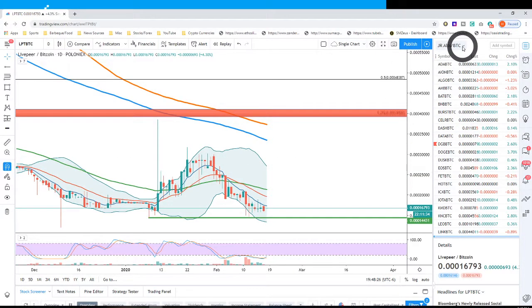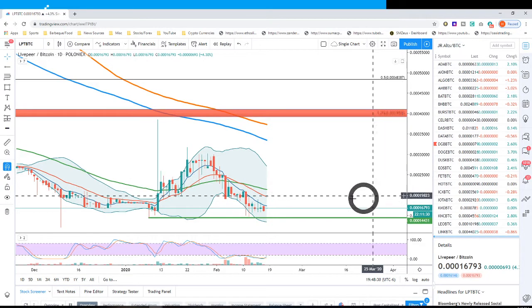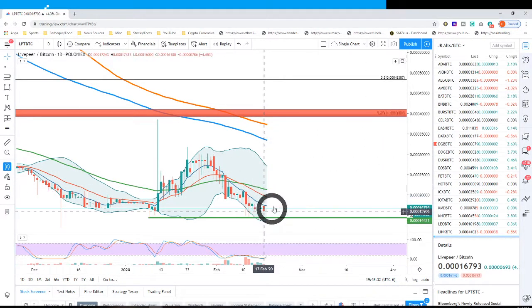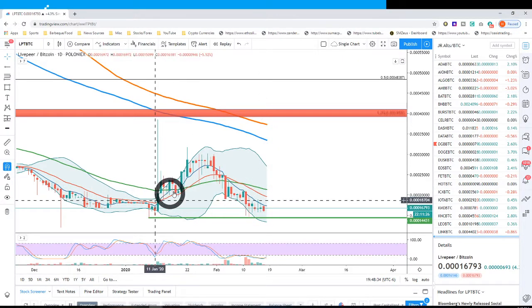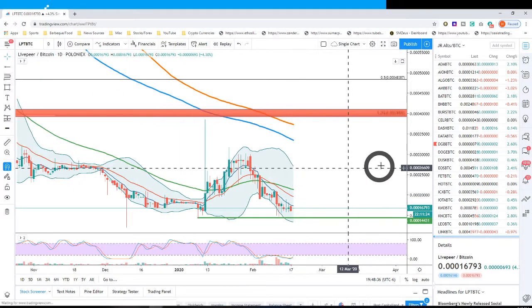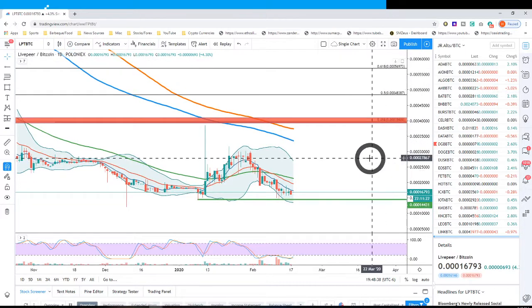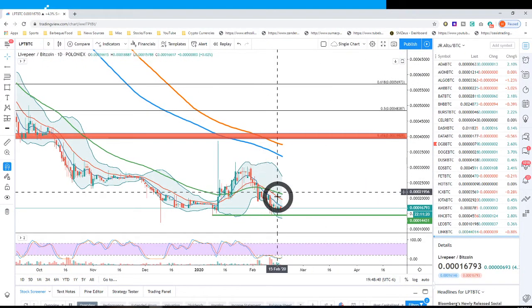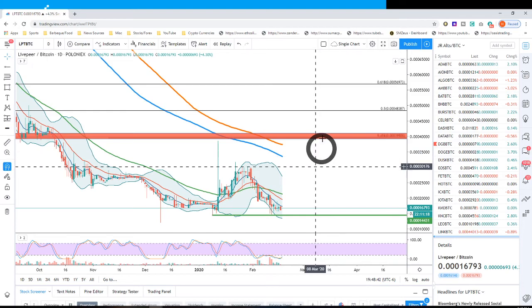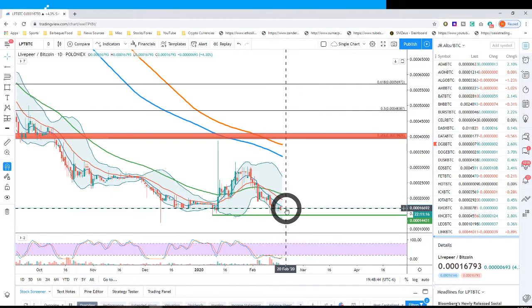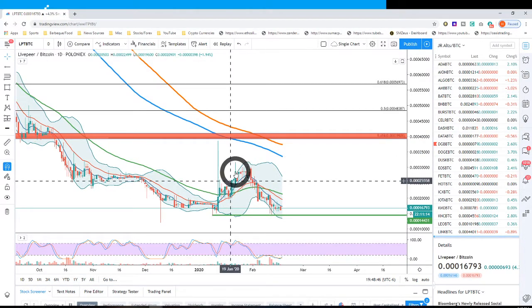Yeah, I mean, there's a lot of resistance in this thing, but it makes moves, right? So if you can catch it perfectly, this thing has been known to pop.